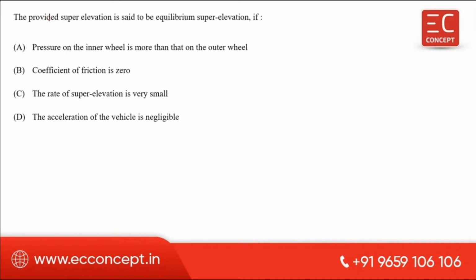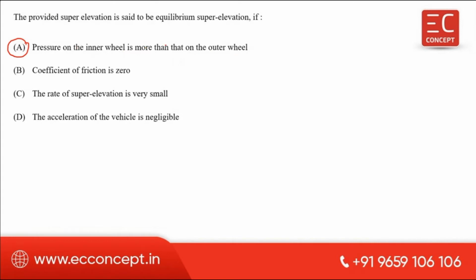Now next one is the provided super elevation. The provided super elevation is said to be equilibrium super elevation if, actually, the pressure on the inner wheel is more than the pressure on the outer wheel.